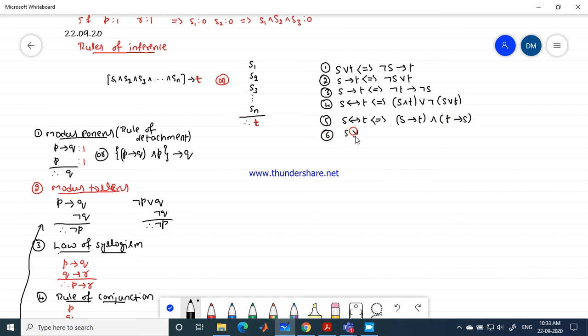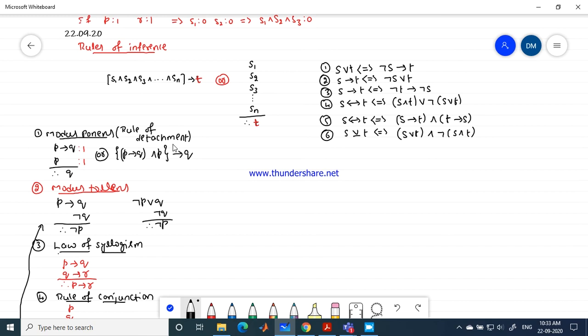And the final one is S exclusive or T, which is always logically equivalent to S or T, conjunction, negation of S conjunction T.